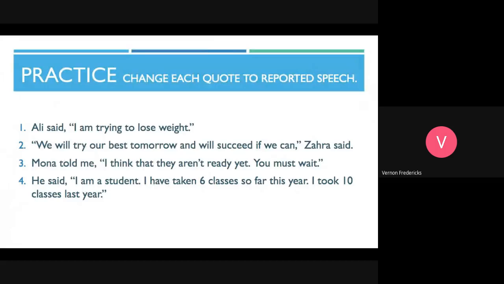Number 3: Mona told me, I think that they aren't ready yet. You must wait. And number 4: He said, I'm a student. I have taken 6 classes so far this year. I took 10 classes last year.